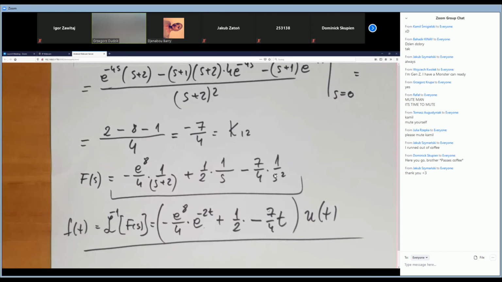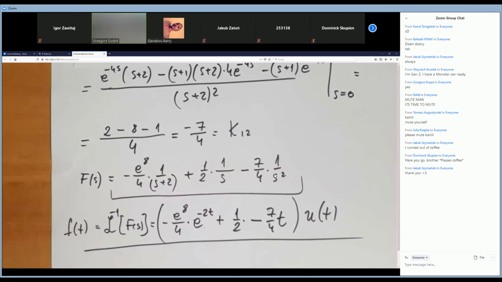And the last example will be for the complex conjugate poles, but I don't think we have enough time, because today we have only 2 hours.